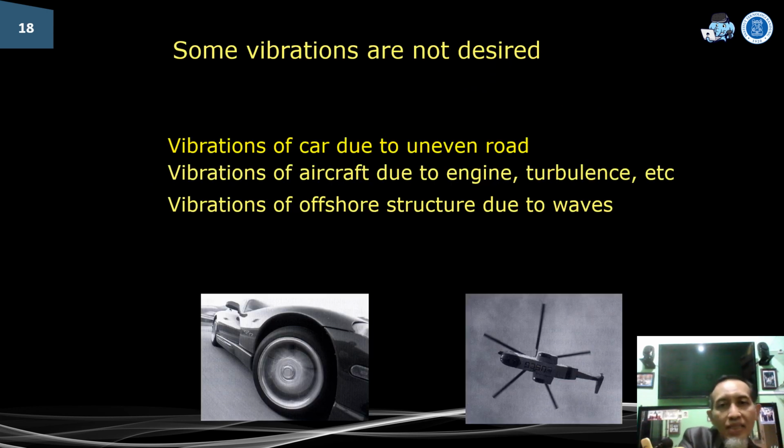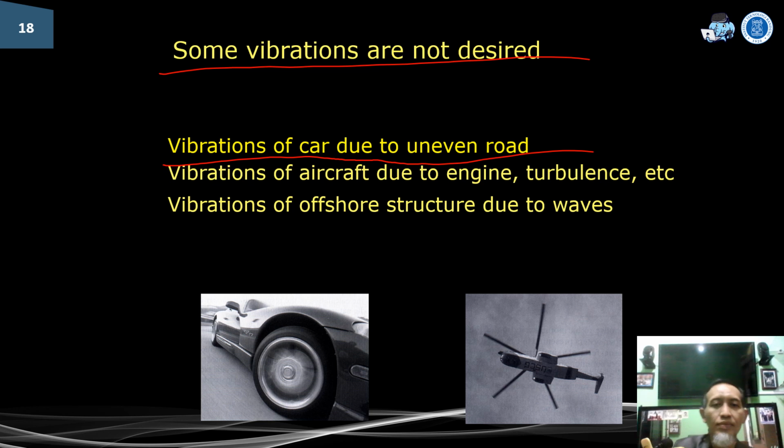Some vibrations are not desired. For example, vibration of a car due to uneven road, vibration of aircraft due to the engine or turbulence, and vibration of offshore structure due to waves. These are not desired.